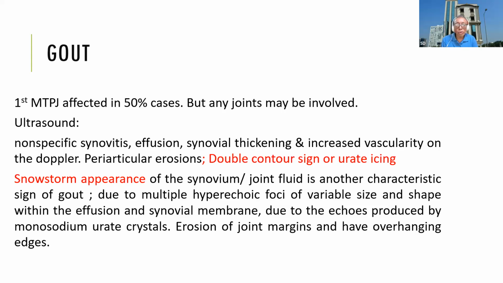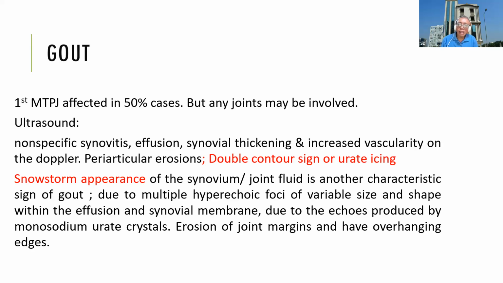And in ultrasound, there are two key features that you have to know. One is the double contour sign, which is also seen in X-ray. It is also known as urate icing, and the other is the snowstorm appearance of the synovial joint.